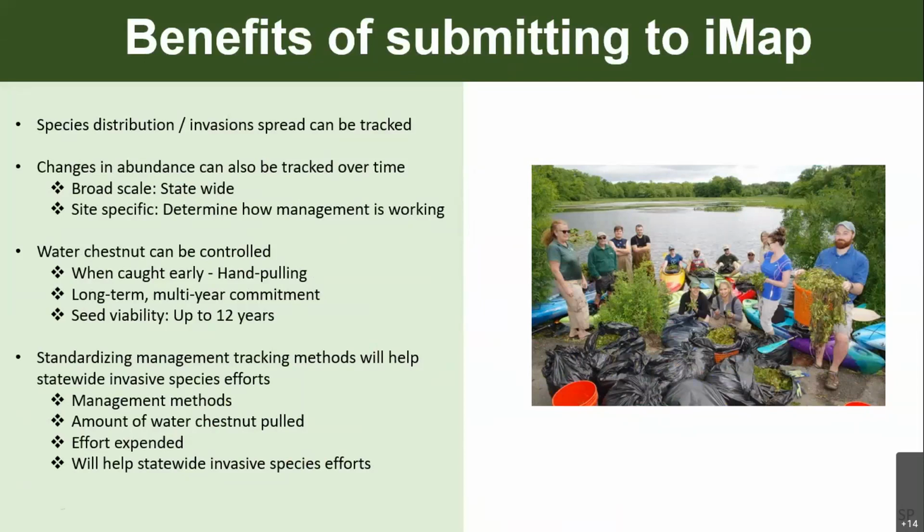On the broad scale, we can look at that statewide, but also locally within individual sites or smaller regions like PRISMs or wetland complexes. We can look at that site-specific change in abundance, and at that scale you can really look at how the management is working to alter the abundance over time.